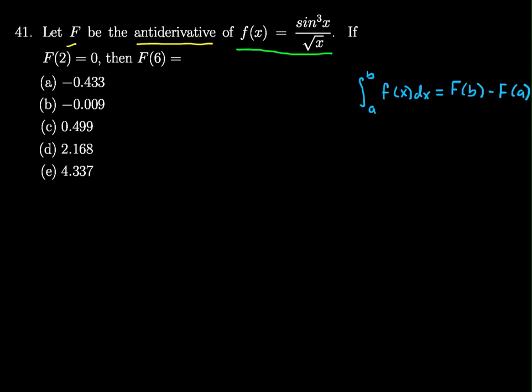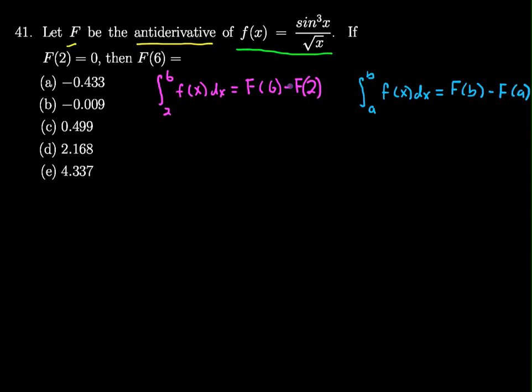Now let's look back at this problem. I know big F of 2. I'm looking for big F of 6. So let me use these as the limits. If I have the integral from 2 to 6 of little f of x dx, that will equal big F of 6 minus big F of 2.